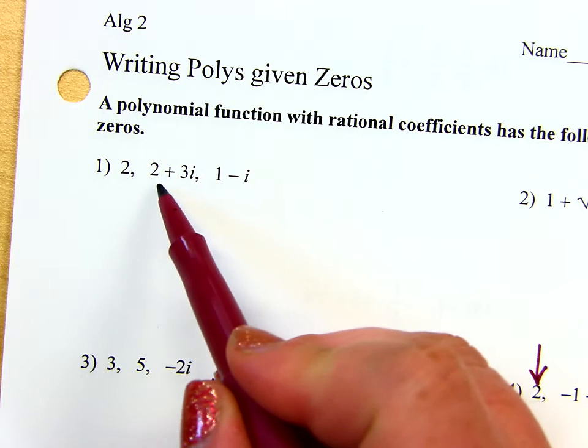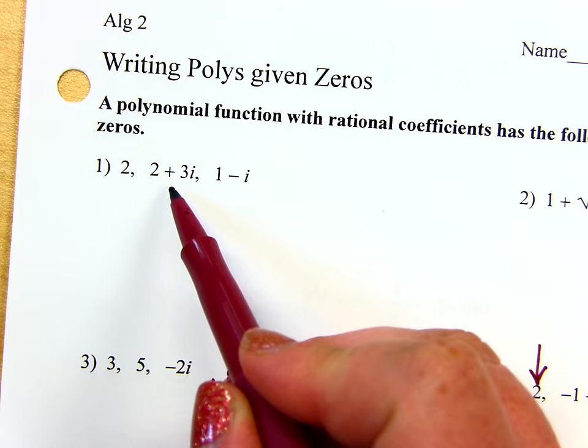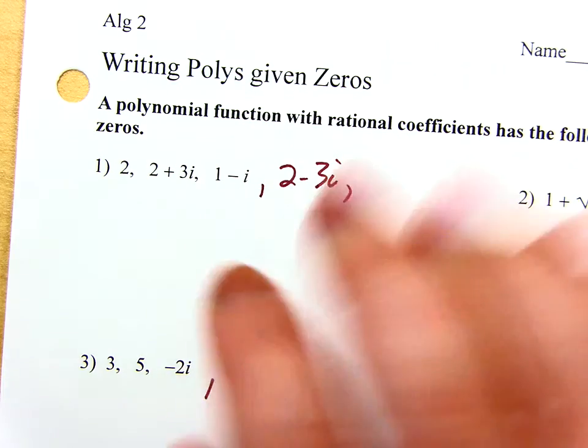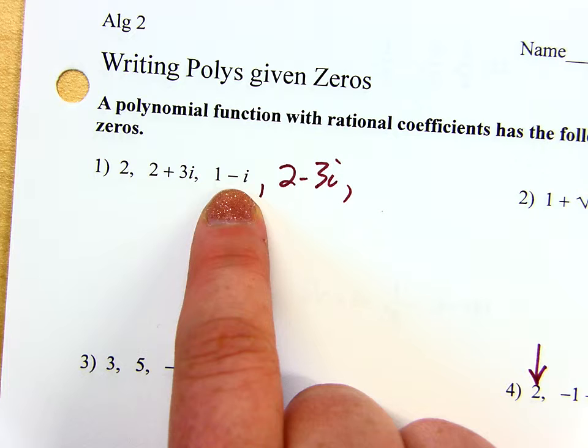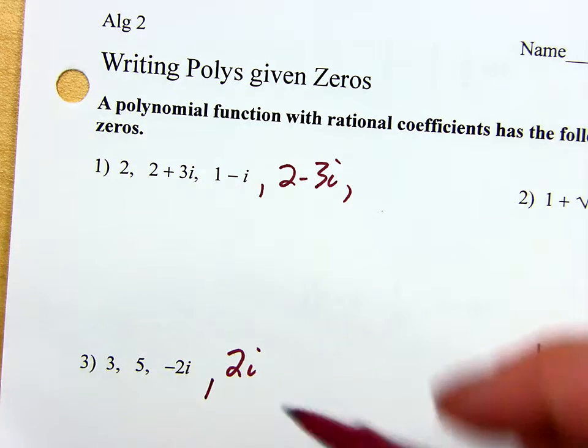No, you leave it alone. If 2 plus 3i is an answer, then so is 2 minus 3i. If 1 minus i is an answer, then so is 1 plus i.